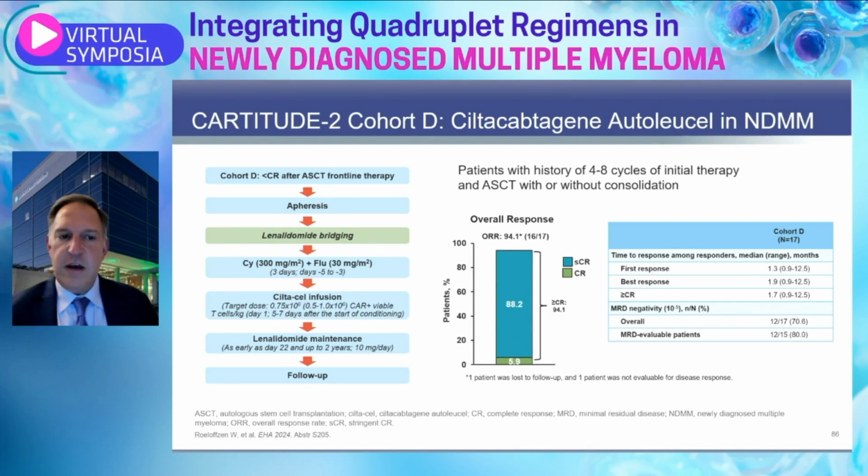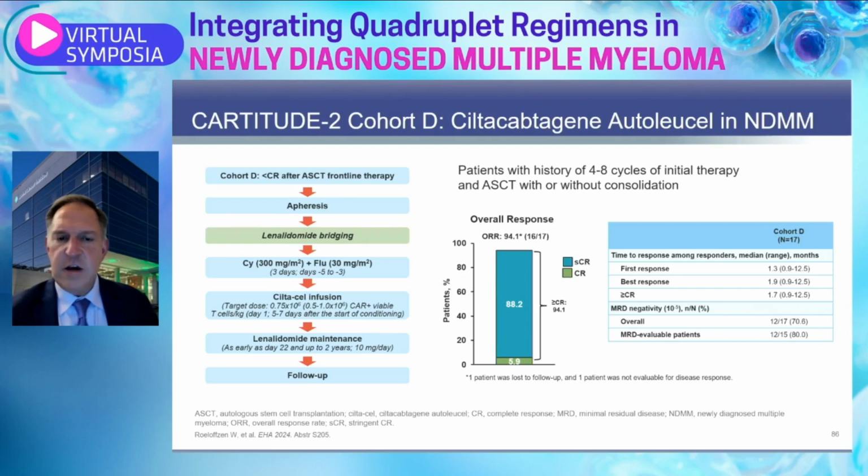So these patients underwent apheresis followed by lenalidomide bridging therapy. They then received lymphodepleting chemotherapy with fludarabine and cyclophosphamide, followed by cilta-cel. After their counts recovered from cilta-cel therapy, they then went on to lenalidomide maintenance therapy.